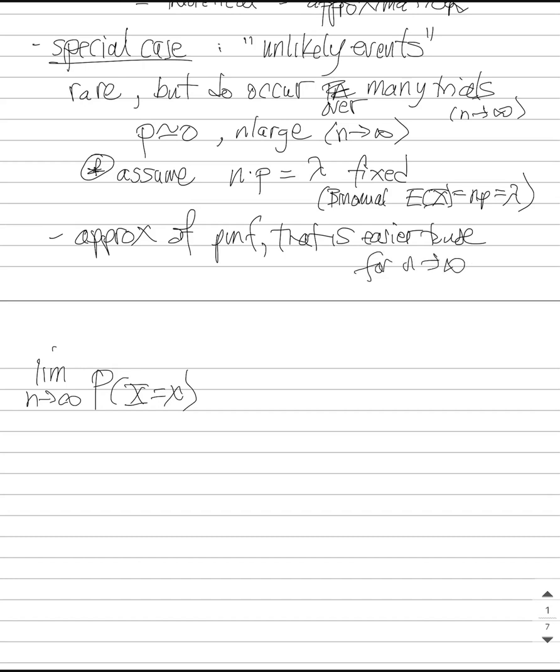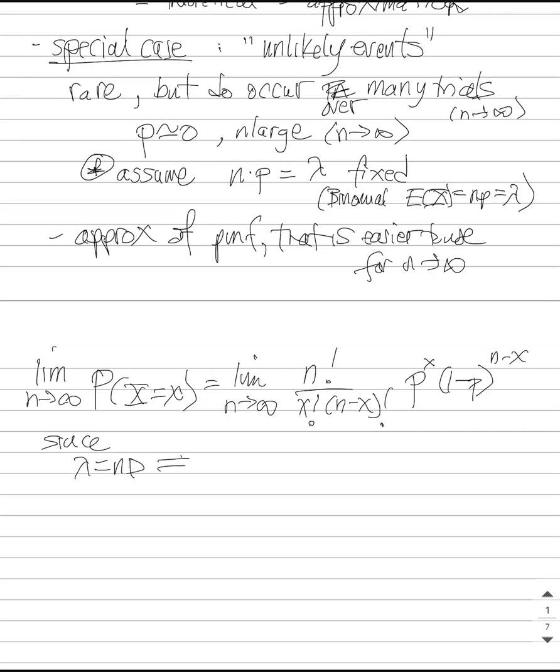Mathematically, this is going to work out to something that looks ugly to begin with, because these formulas for the mass function all involve factorials. Since lambda is n times p, we make a little replacement: every time we see the letter p, we replace it with lambda over n.